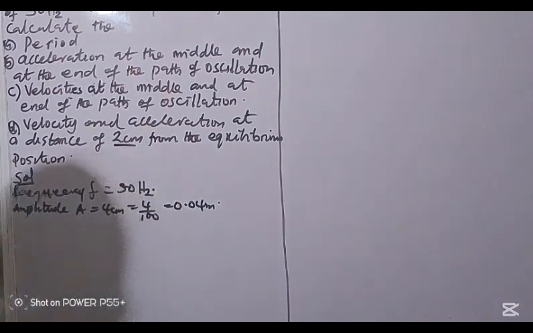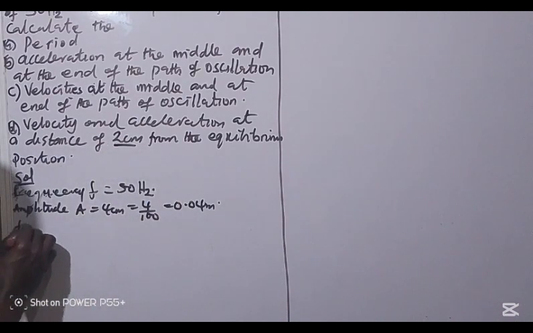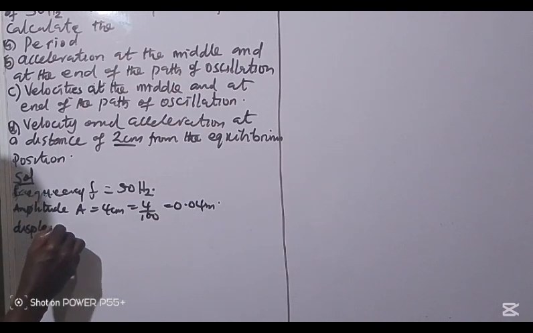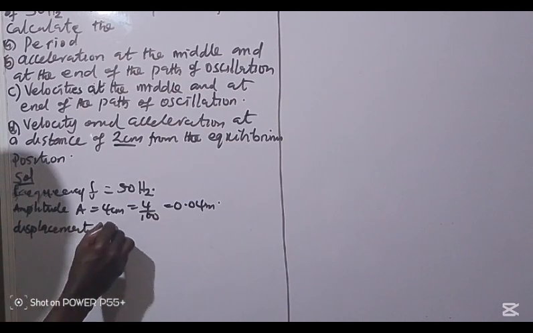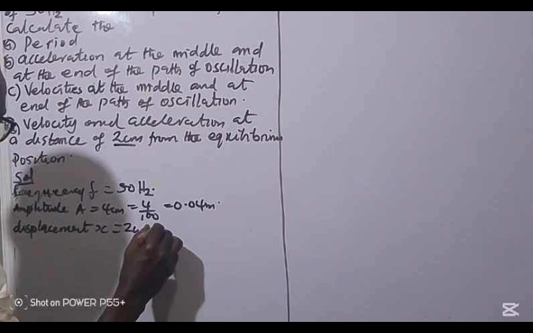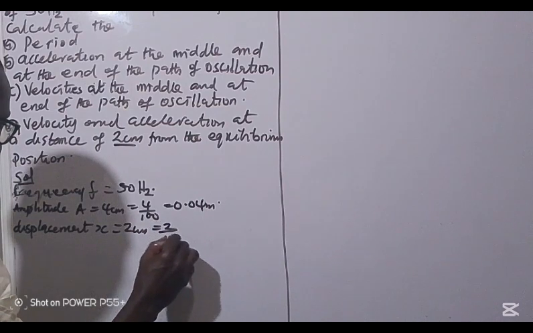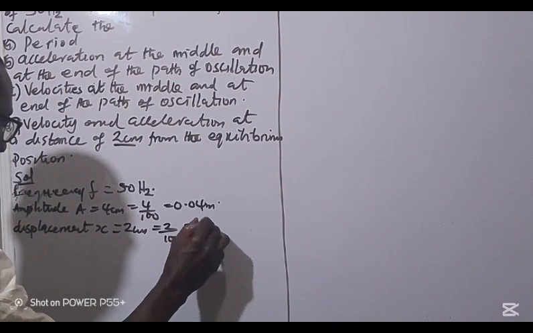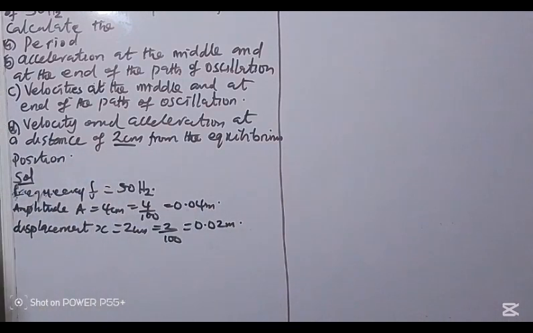So displacement x is given as 2 centimeter. Convert to meter, that will be 2 over 100, that is 0.02 meter. So these are the parameters given in the question.